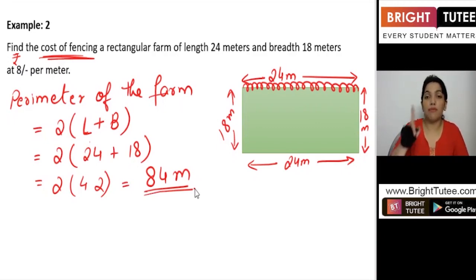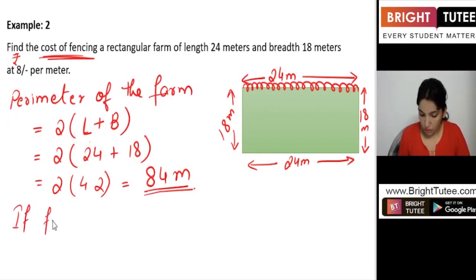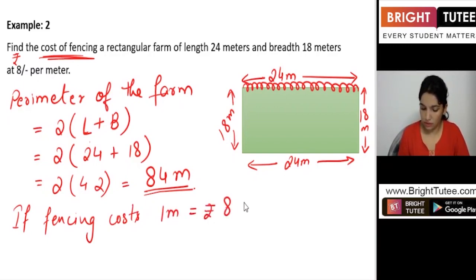Now it says that for every meter we need to pay 8 rupees. Okay, and here we have got 84 meters. So if fencing costs 1 meter equals 8 rupees, right?